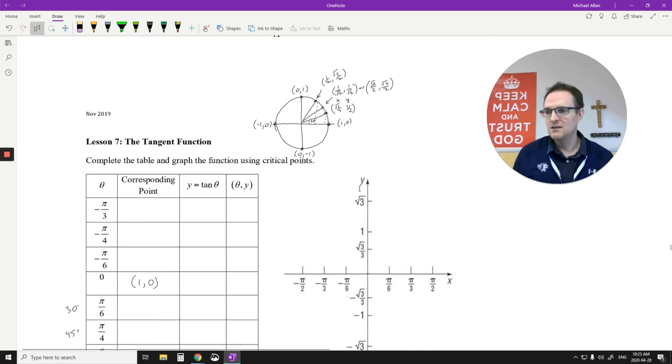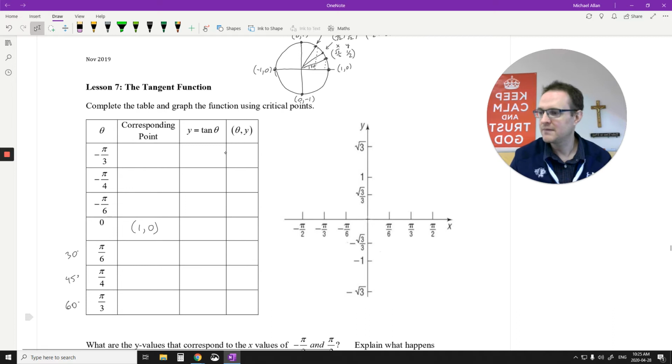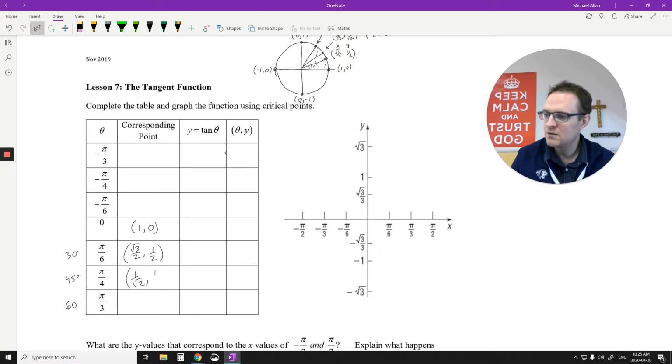If I go down to the bottom quadrant, you can see that the y values will just be negative there. X values stay positive. So 30 degrees, our corresponding point is root 3 over 2, 1/2. This is going to be 1 over root 2, 1 over root 2, and this is going to be 1/2, root 3 over 2.